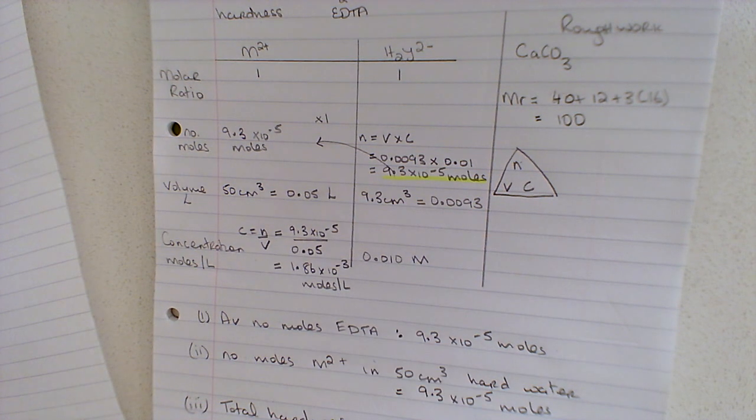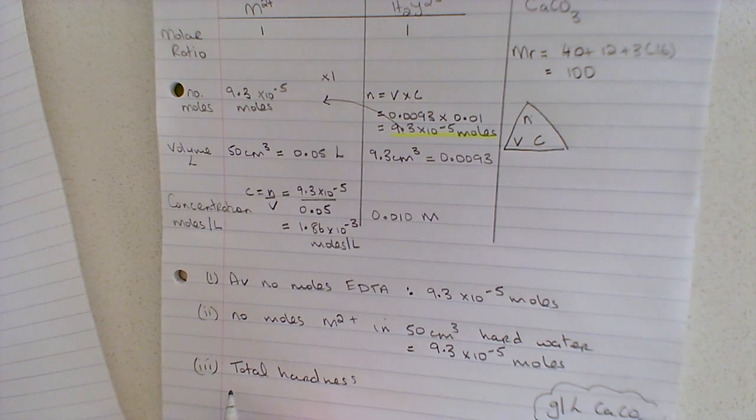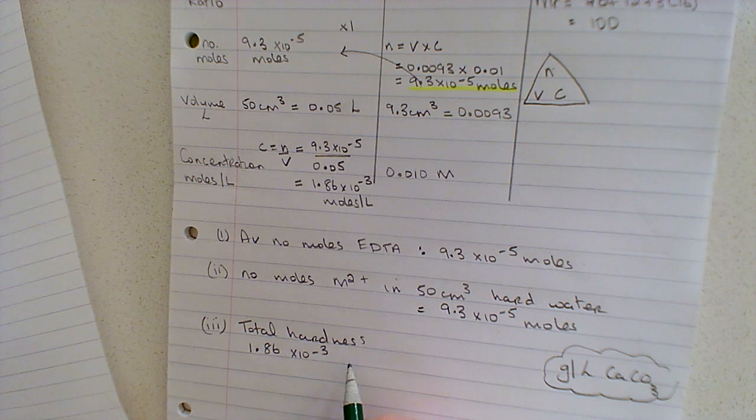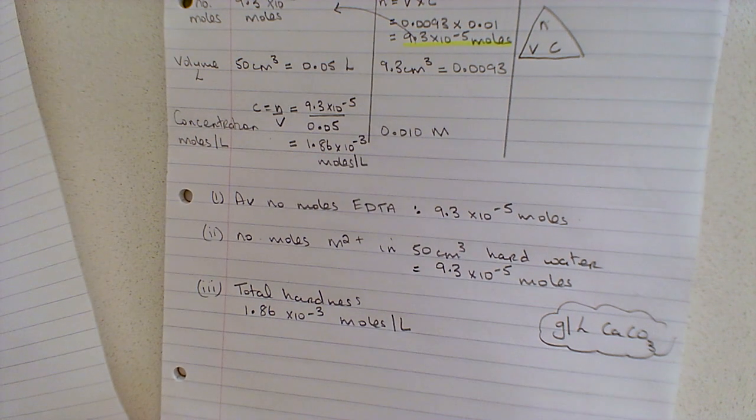Okay, so that's my concentration in moles per litre. So I'm just going to write that down here for a moment. So my total hardness in terms of concentration is 1.86 by 10 to the minus 3 moles per litre. Now, I want to change that to grams per litre.